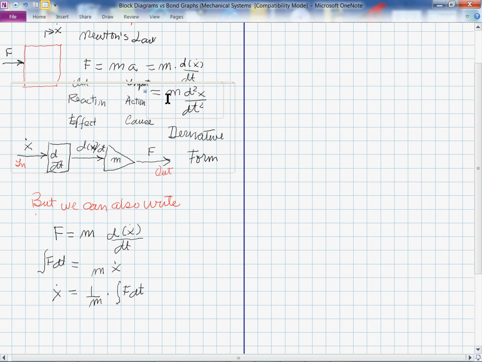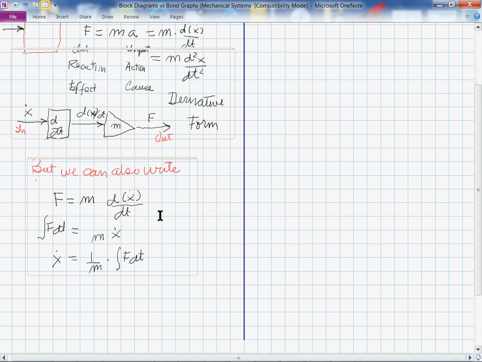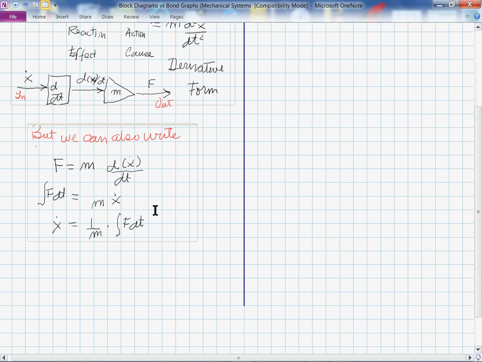But as I mentioned a moment ago, we are going to rewrite the equation in a little different form. So in this case, if you do that, what is going to happen is that you have on this side, this is going to be your input here. Now this is going to be your output on this side.